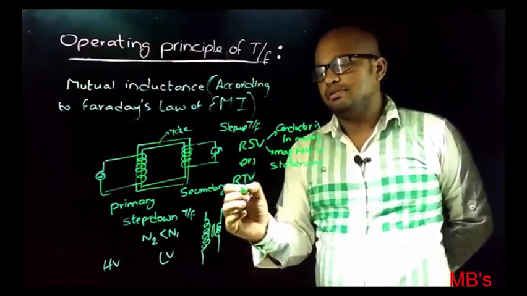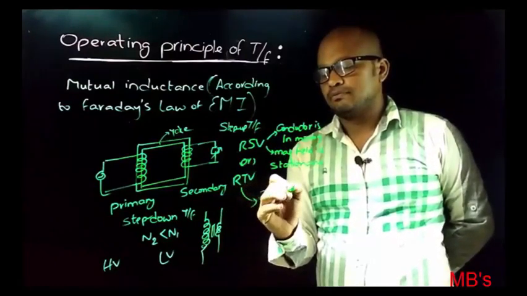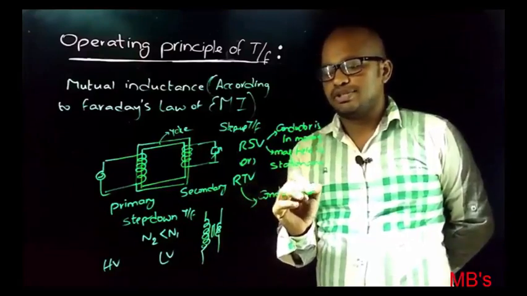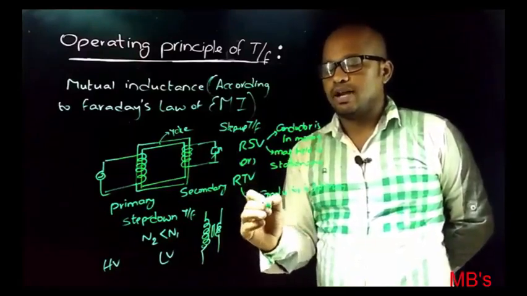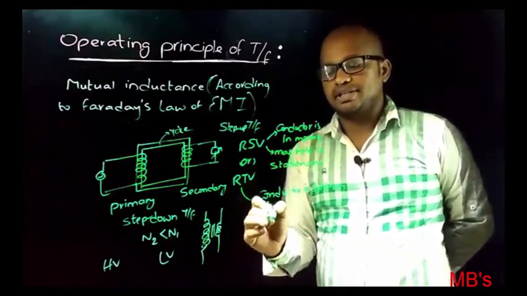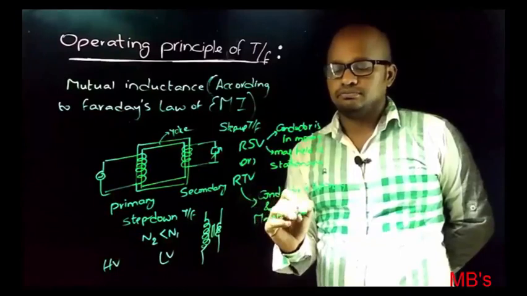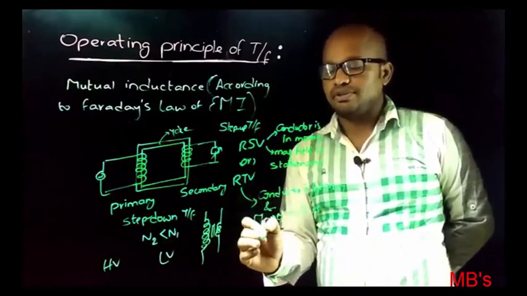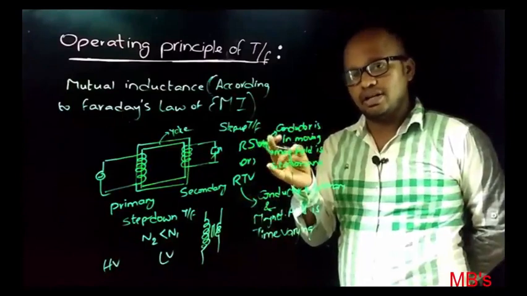Similarly, for relative time variation, the conductor is stationary and the magnetic field is time varying. For the EMF to induce, the basic elements required are magnetic field and conductor.